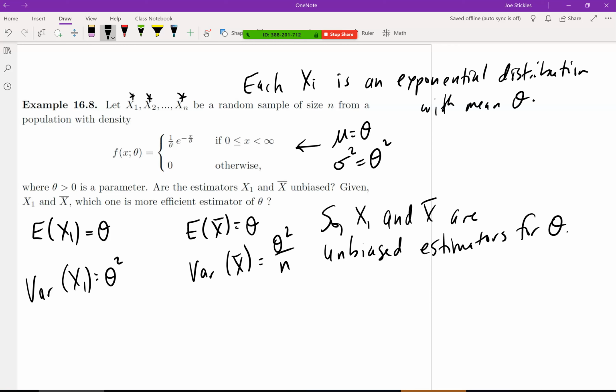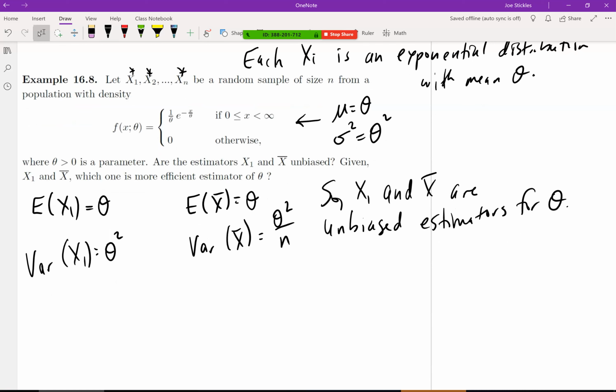So as long as n is bigger than 1, x bar is more efficient than x1. If n is equal to 1, they're the same.